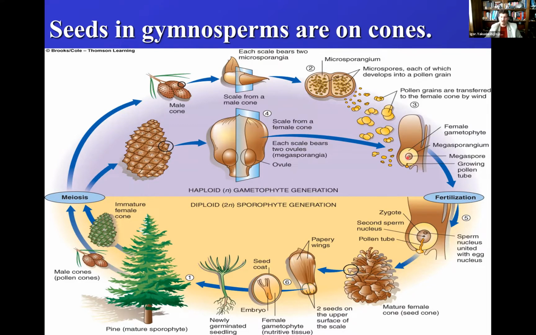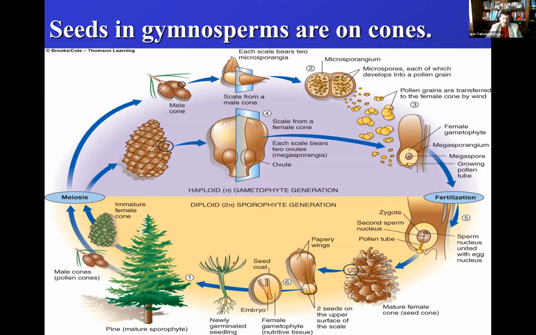And then as soon as fertilization occurs, we start talking about the diploid organism, and it will produce the zygote as well as the food source, and eventually, it takes a couple of years for the full seed to be released, and then it usually has a wing to glide through the air and disperse that way.